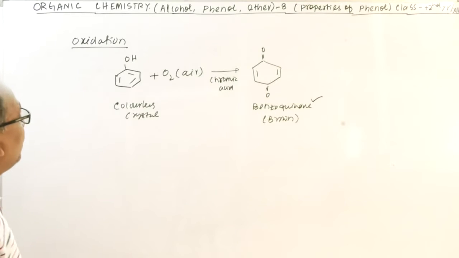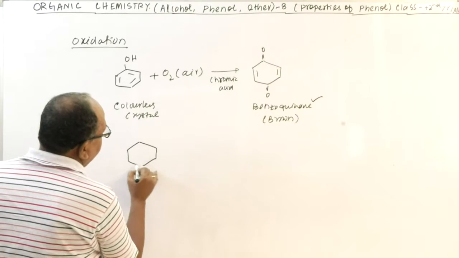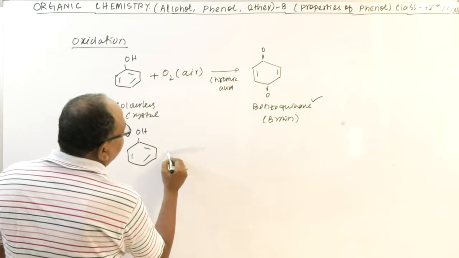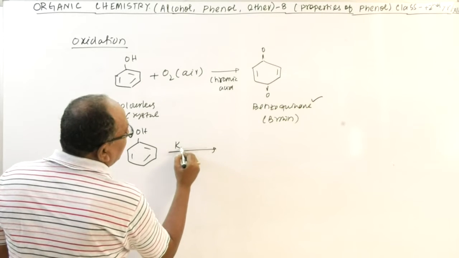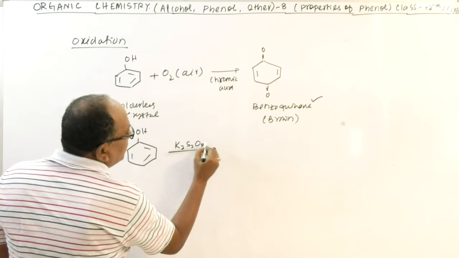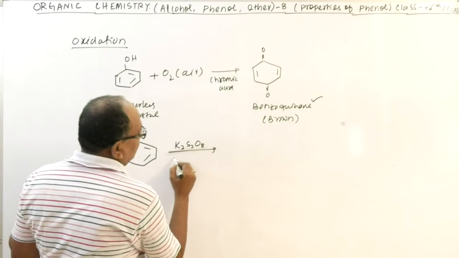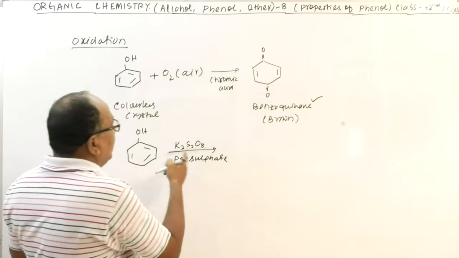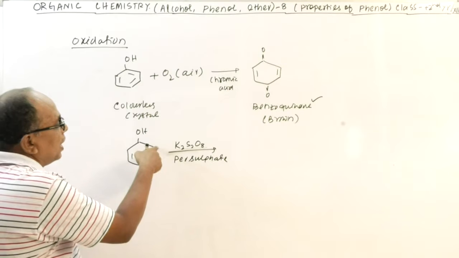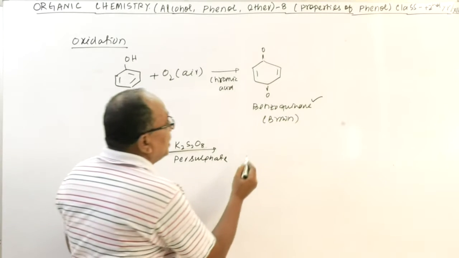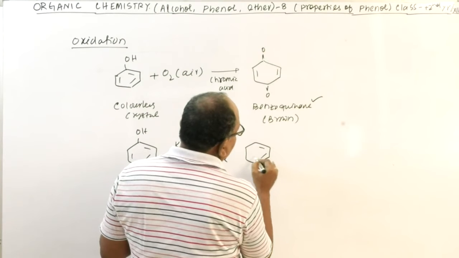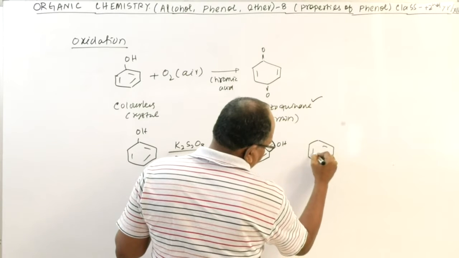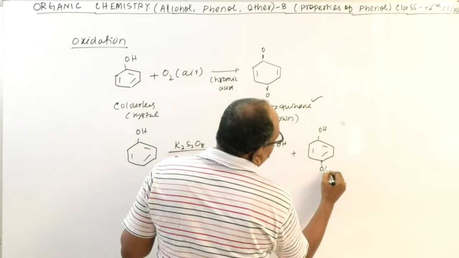And phenol can be oxidized by a very specific oxidizing agent, that is K2S2O8, potassium persulfate. The ortho and para positions get oxidized with OH groups.